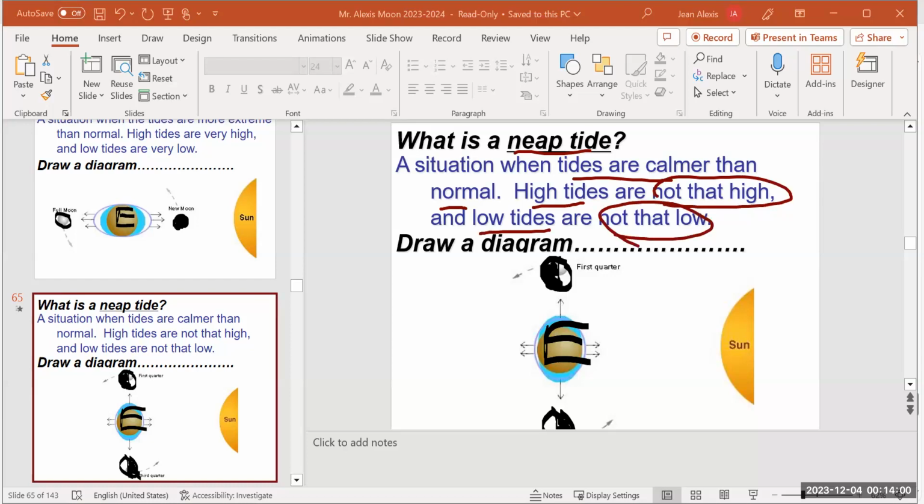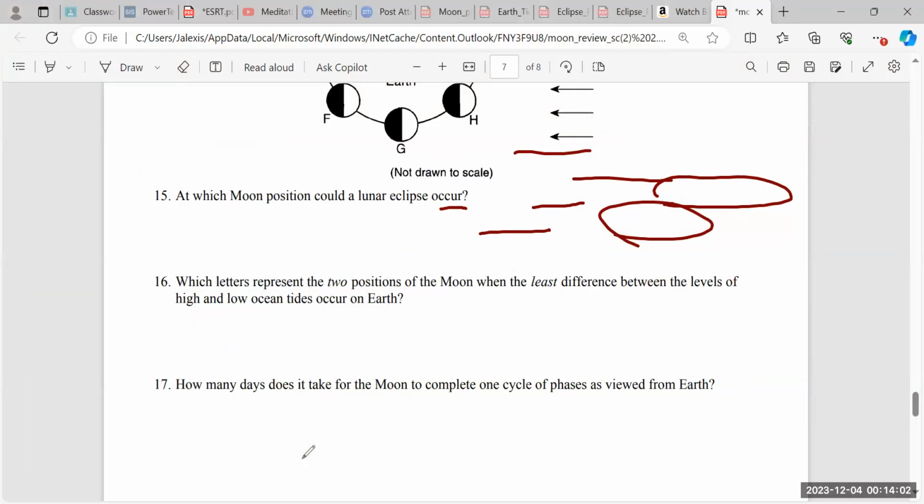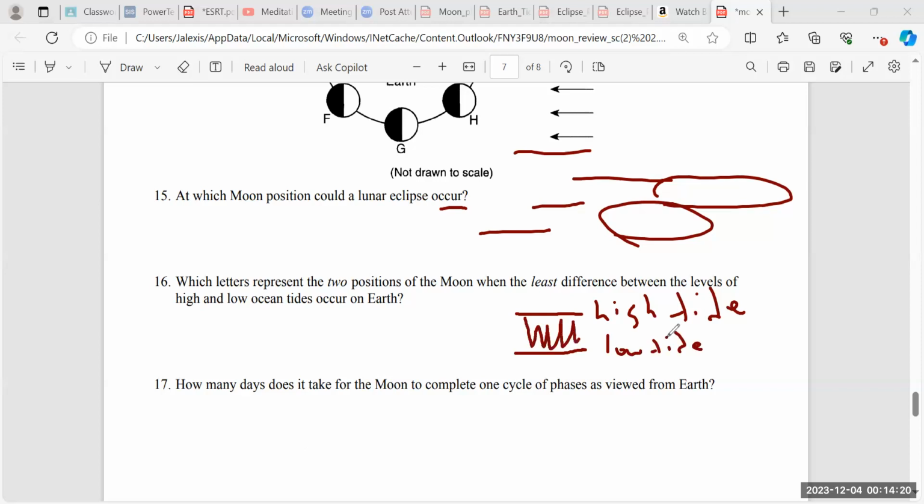So in a neap tide, if I was to give an example, your high tide may reach this height, right? That's your high tide. And your low tide may reach this height. Not a lot of difference in between, right? That's for a neap tide.